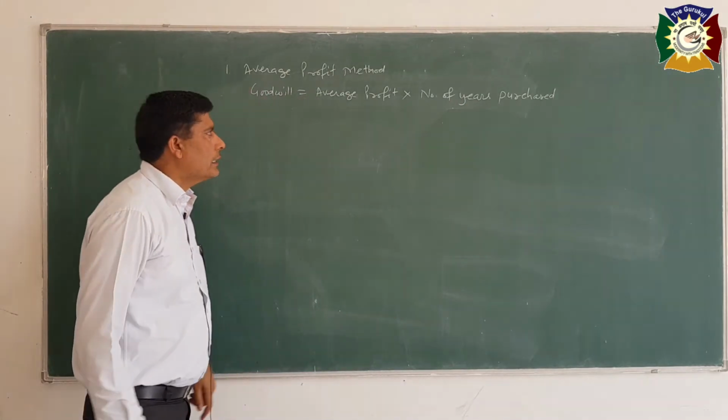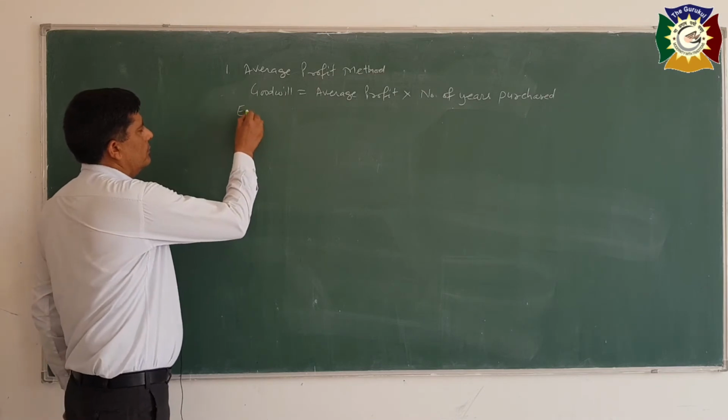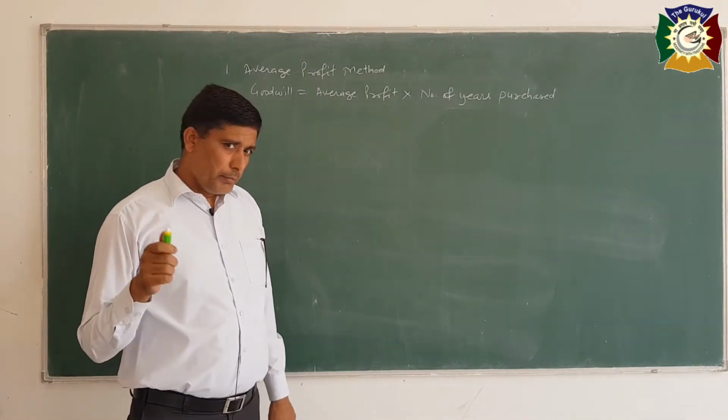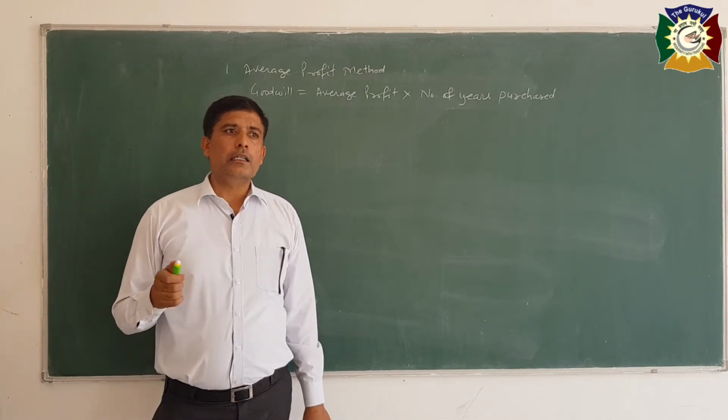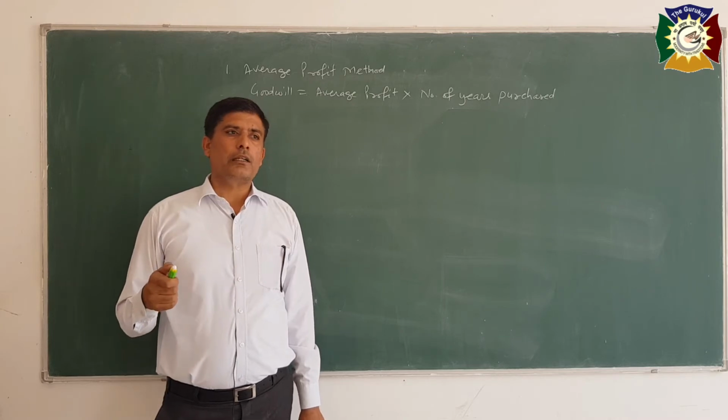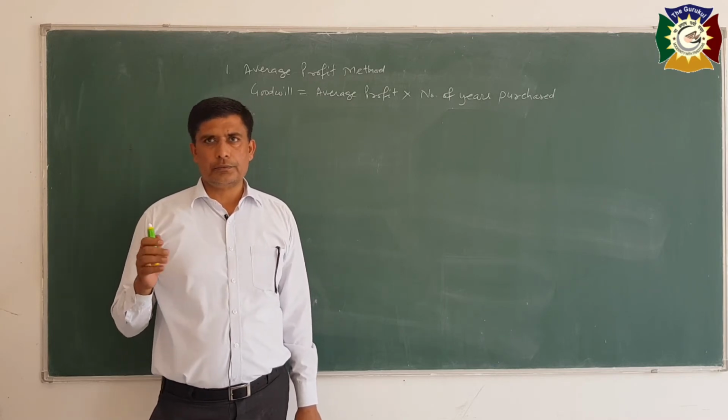Now we will take an example. A and B, 2 partners, are running a partnership firm and sharing profits and losses in equal ratio.